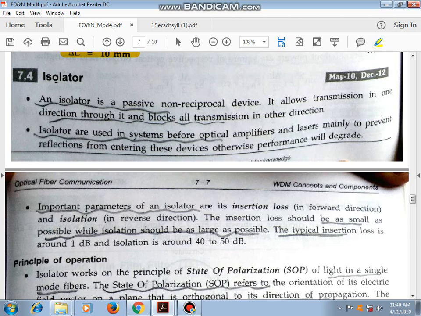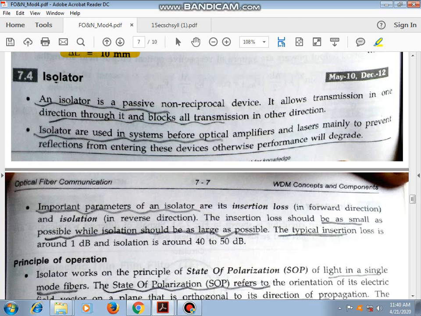We'll use this isolator on the optical fiber receiver side, because you want to send the signal from the transmitter end to the receiver end. You are sending a light signal. This light signal should not be reflected at the receiver end, and it should not come back as a reflected signal. So you are using an isolator here.